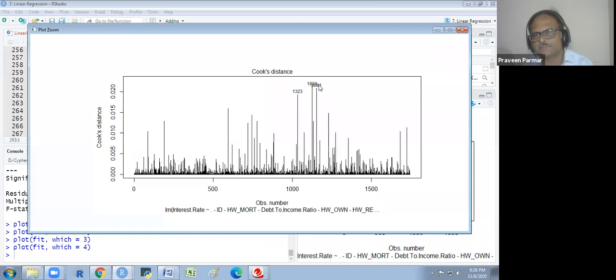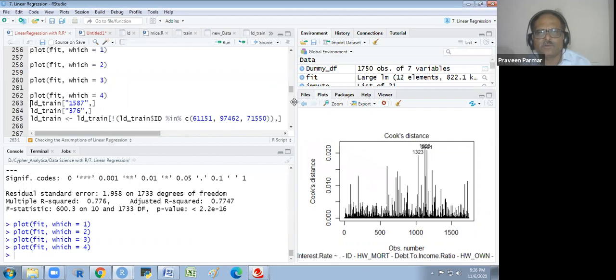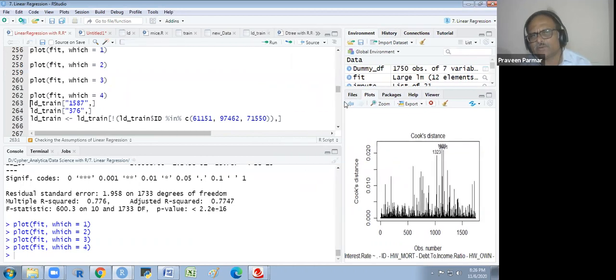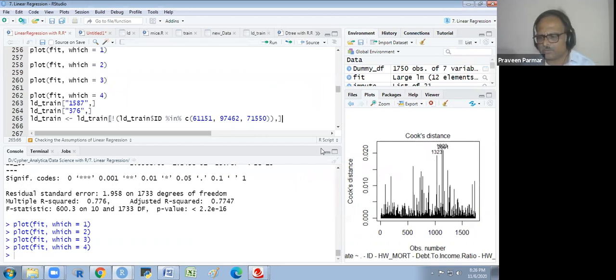Okay, so in this way, we will remove them one by one. We could do it. But in practice, we don't remove these outliers when we create a model. We use some other techniques. This is one of the techniques. Either you could remove the outliers or you could use some other techniques.